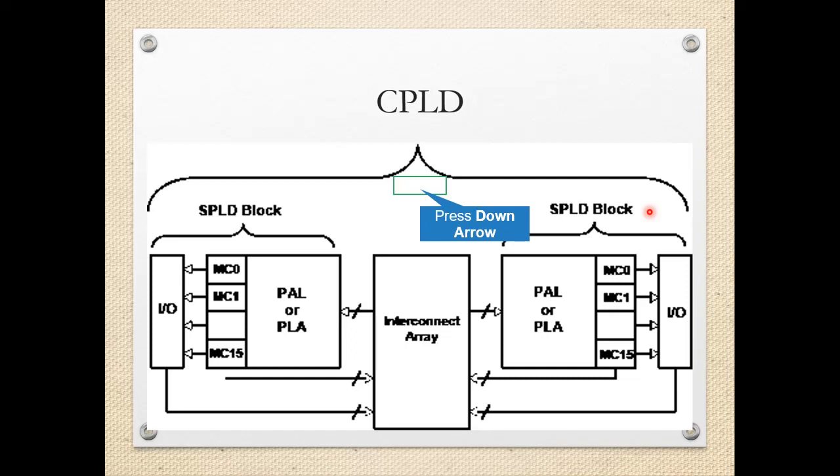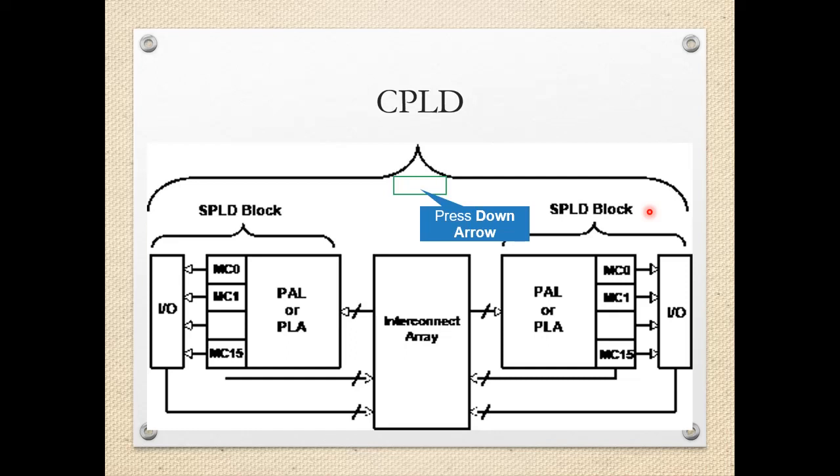This PAL or PLA is connected to this second PAL or PLA through the interconnect array. This interconnect array is programmable. We can program this interconnect array and have the interconnection as per our requirement between the different PAL or PLA blocks. Thus a CPLD is an erasable programmable device based on EEPROM or E2PROM technology.